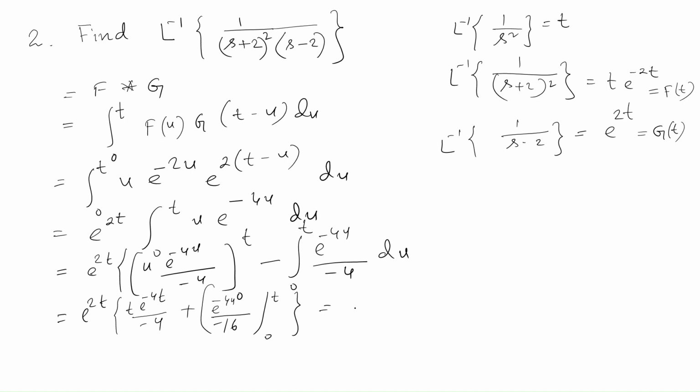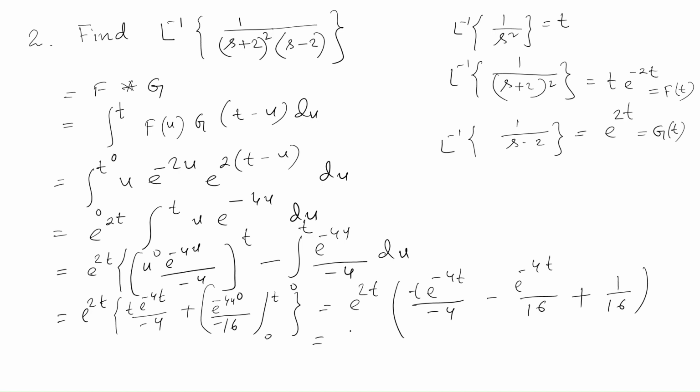So this is e power twice t, and t e power minus 4t by minus 4, and then minus e power minus 4t by 16, and minus minus plus e power 0 is 1 by 16.